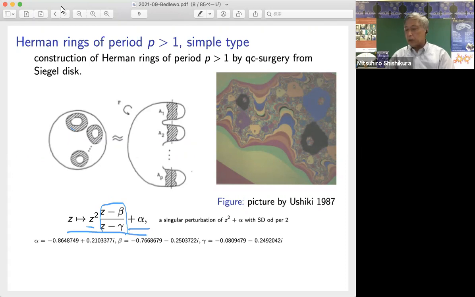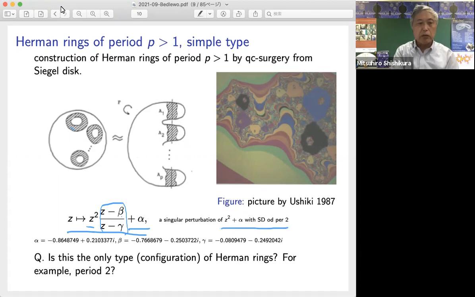If beta and alpha are both close to the critical point 0, then far from 0 the map is almost like z squared plus alpha, so close to the Ziegler disk map. Introducing an extra pole gives Herman ring like behavior. The picture was created by Ushiki a long time ago.